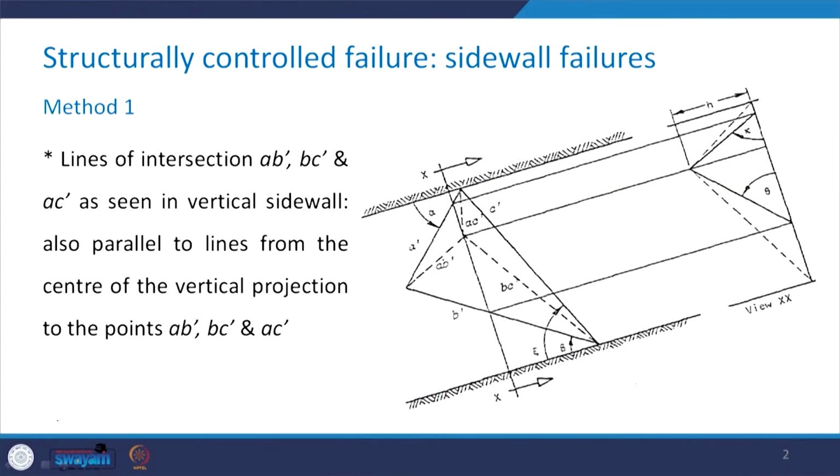So, we had discussed method number 1. In continuation to that, take a look at these figures. These lines of intersection AB prime, BC prime and AC prime, as they are seen in the vertical side walls, are also parallel to the lines from the center to the points AB prime, BC prime and AC prime in the projection.